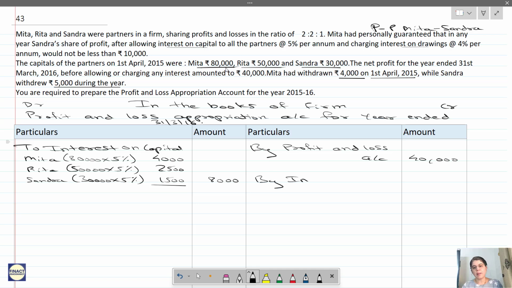Now let us calculate interest on drawings. Interest on drawings is like an income, so it will come on the credit side. I hope you remember the closing entries by now. So let us calculate it for Meeta. Meeta will be 4,000. She had withdrawn it on the first day of the year, so 4,000 into 4% directly.